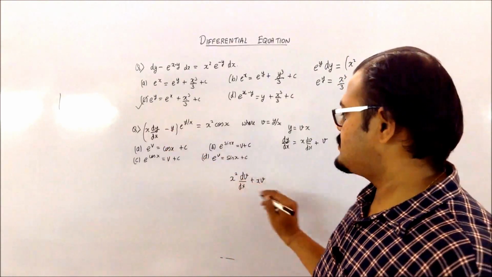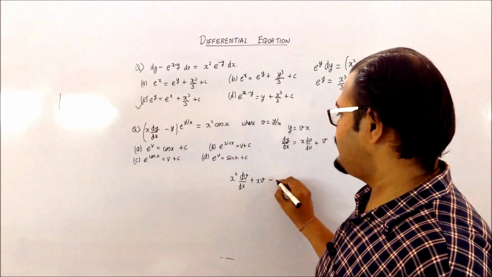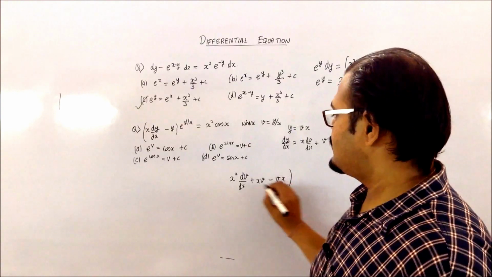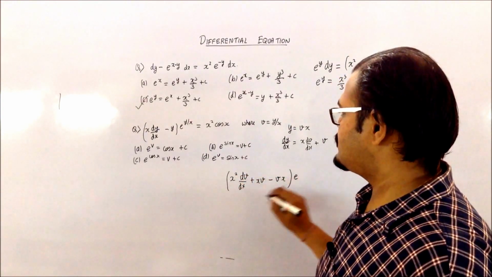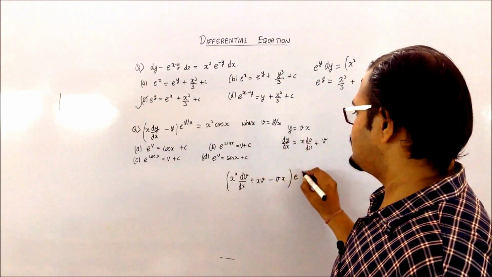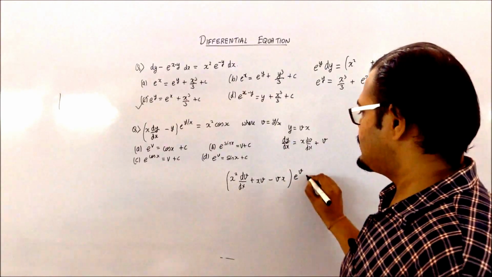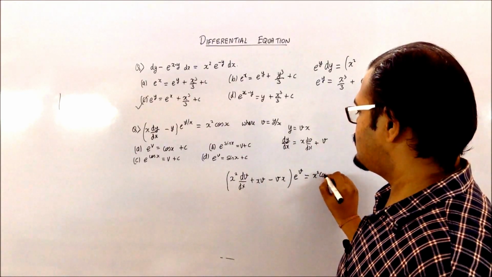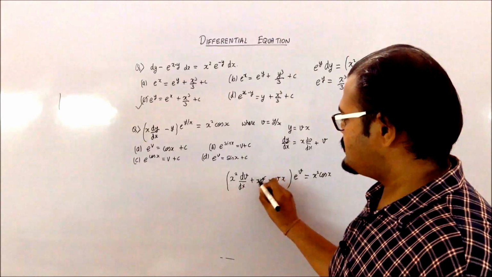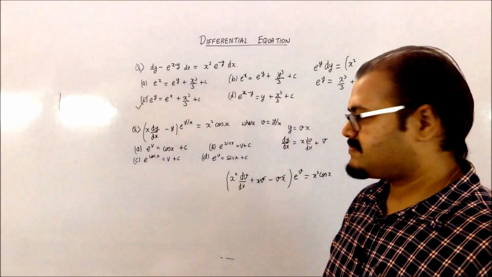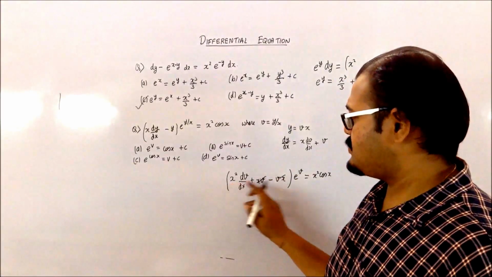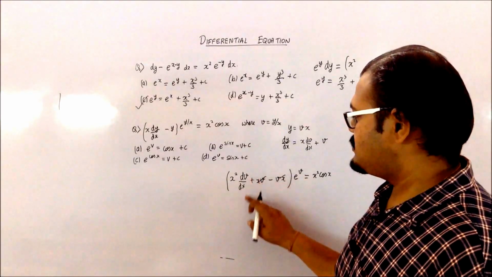You have a minus y, so y is basically vx into e raised to y by x, which is v. This thing is equal to x square cos x. So this vx gets cancelled out. You are remaining with x square into e raised to v into dv by dx.